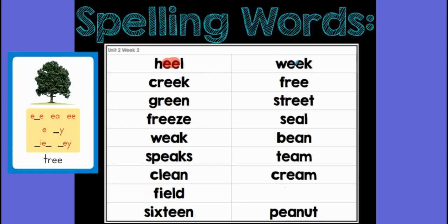Heel, weak, creek, free, green, street, freeze, seal, weak, bean, speaks, team, clean, cream, field.